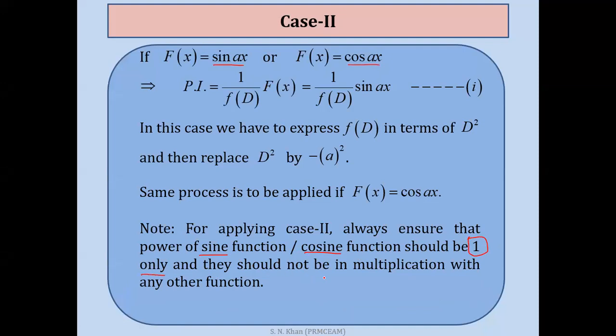And they should not be in multiplication with any other function. We need a simple, single and separate function. The sine function should be separate, and the cos function should be separate, free from any type of multiplication with other functions. So the first requirement is that the power should be 1, and the second requirement is that there should not be multiplication of 2 functions. Then and only then can we apply case number 2.